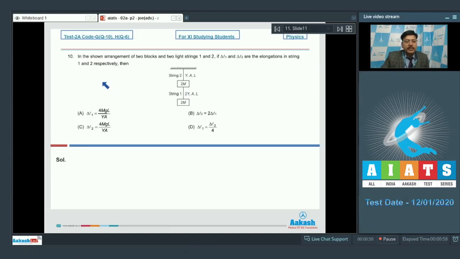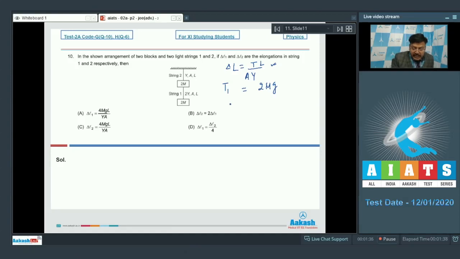Obviously, the question is from the topic elasticity. So for elongation, the expression is, if the tension T is uniform, tension T divided by area of cross section, into Young's modulus in the denominator, and in the numerator is the original length. So this is the formula we can use. First of all, for string 1, the tension in the lower string, let's call it T1, is simply 2 mg, whereas the tension in the upper string is going to be 4 mg.